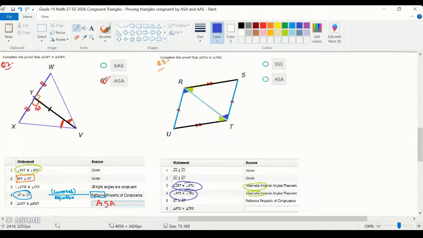Okay? And there is one common length. They are saying RT is equal to RT, right? What information have they given us?